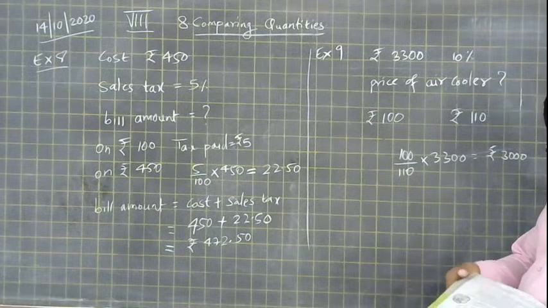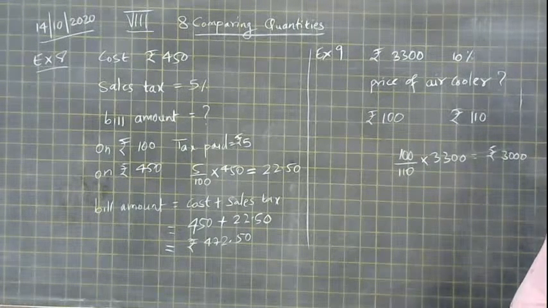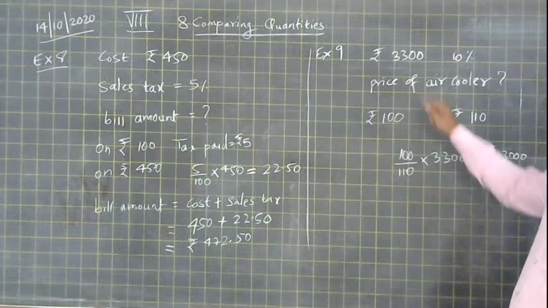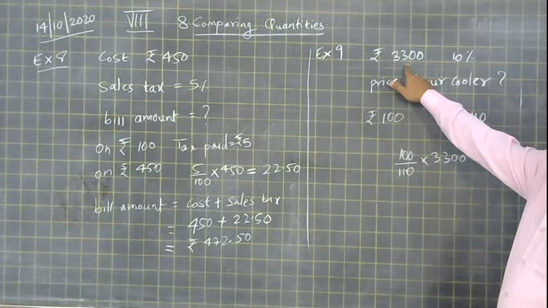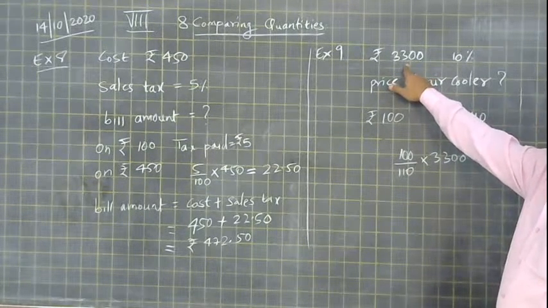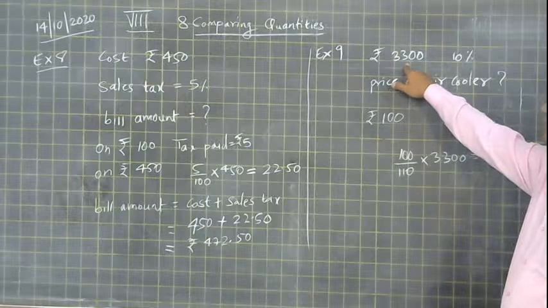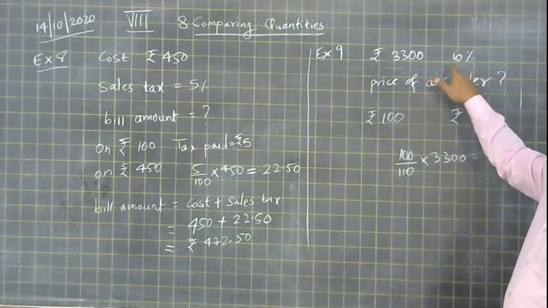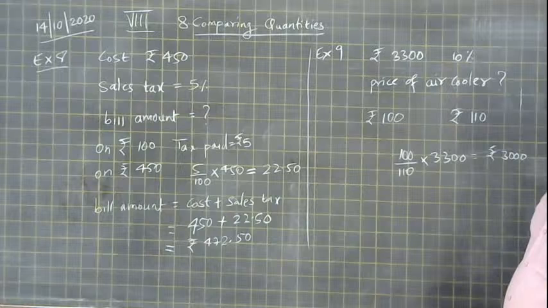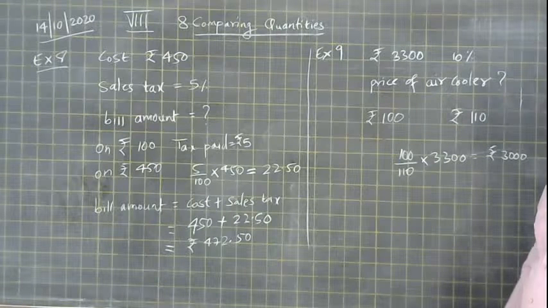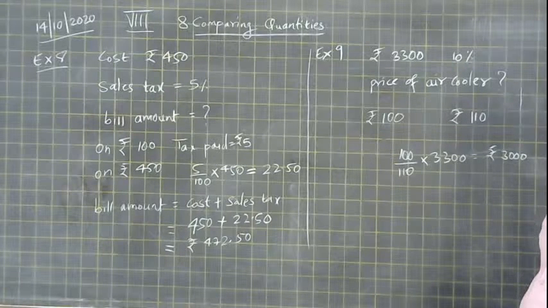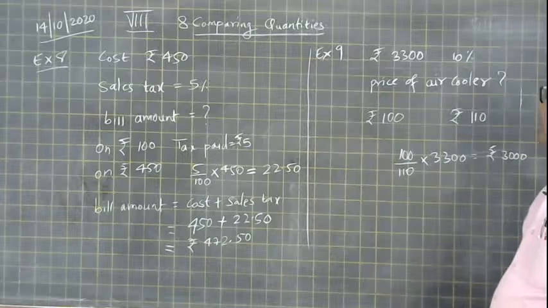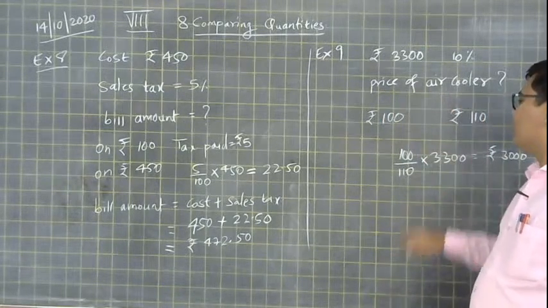Let me explain it once again. The cost of the air cooler is 3,300, which includes 10% value added tax. Now we have to find the price of the air cooler.